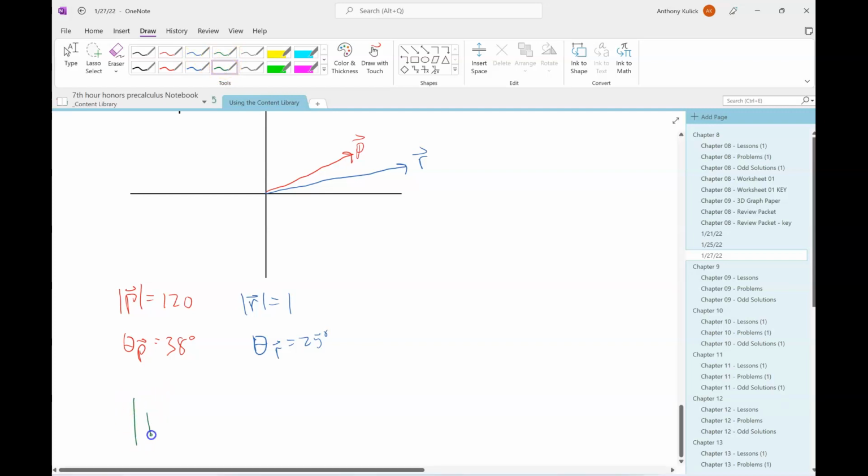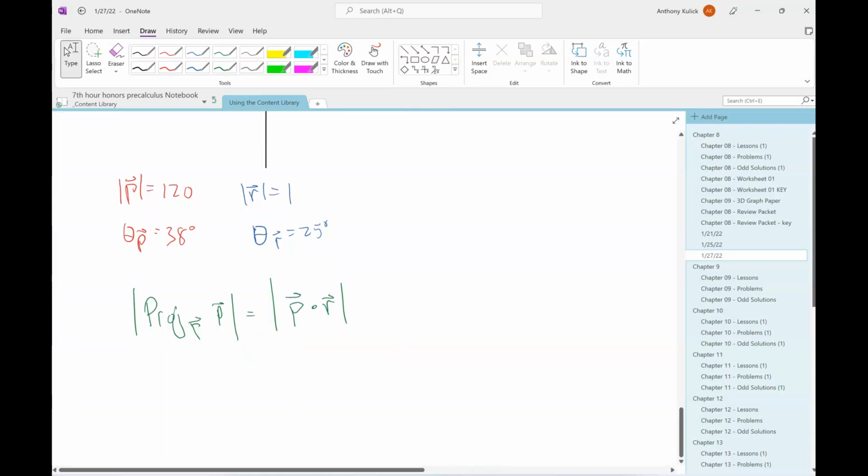So what we're looking for is the projection of P onto R, or the magnitude of the projection of P onto R. And since R is a unit vector, I know I can do that by just taking the dot product.